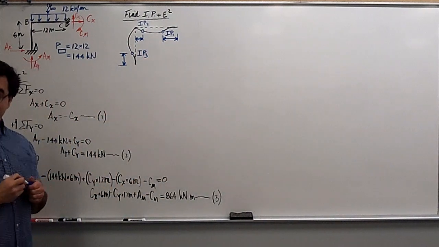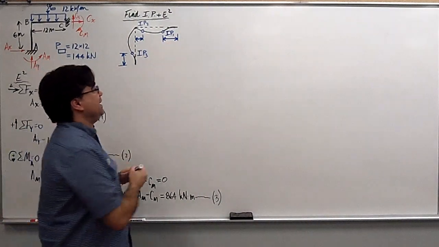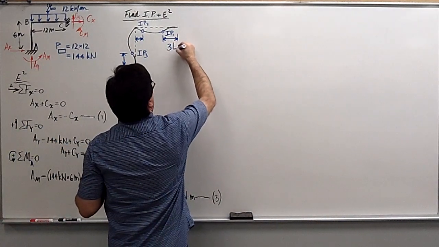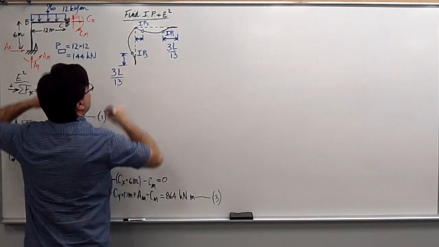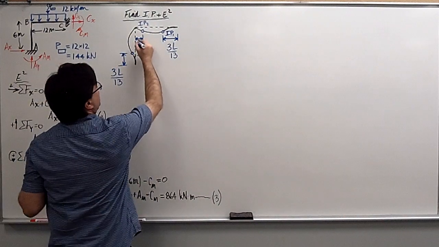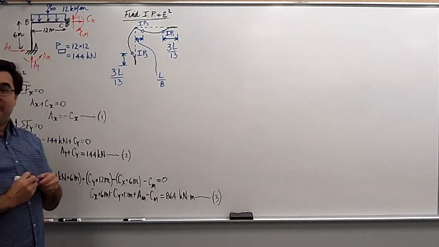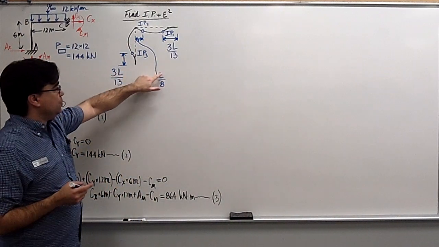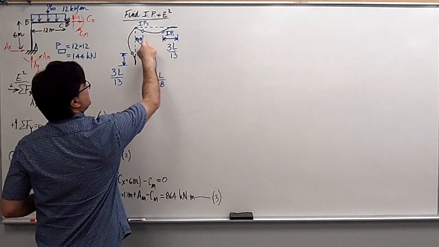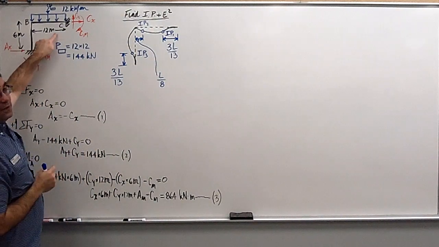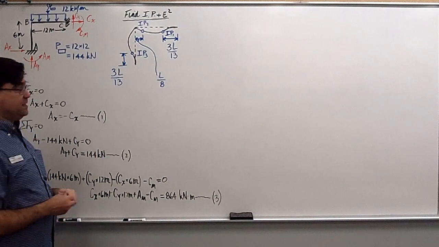Okay? And then, a reminder that the distance from a fixed support was 3L over 13, and for this one, I'm going to show it over here, L over 8. And remember, these values of L correspond to that portion of the structure. So this L and this L are 12 meters. This L is 6 meters. So let's figure out what that is.